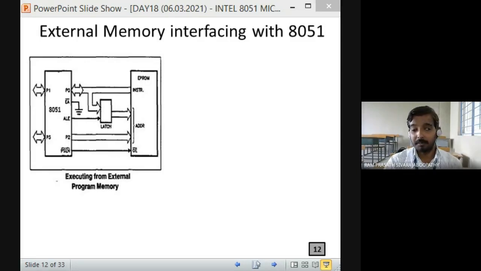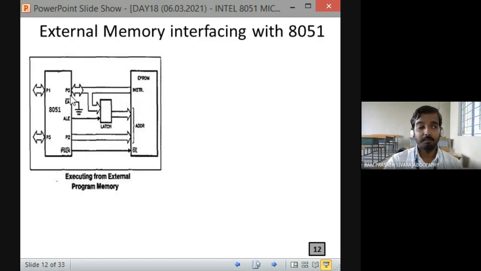Here in this diagram you can see, P2 is connected to the address bus of this memory, then the demultiplexed lower order address is also connected. So it is a 16-bit address for addressing your external program memory. Then here we have the data bus, which is used as a medium to transfer the instruction from the ROM to the 8051.